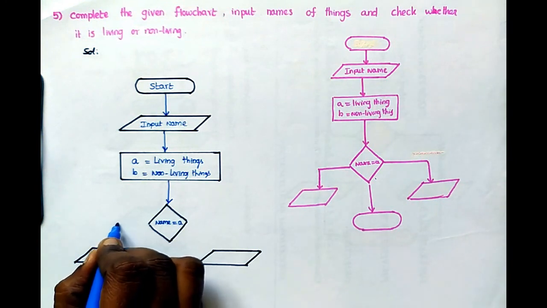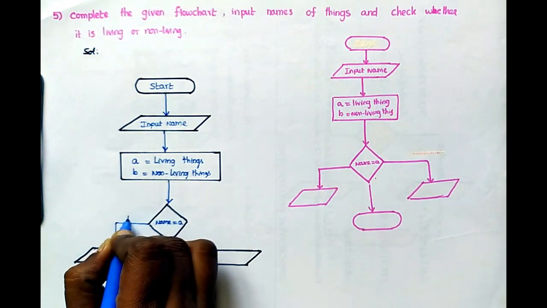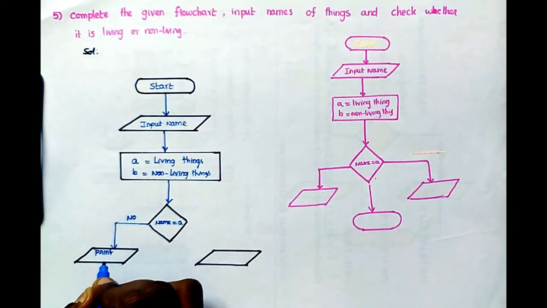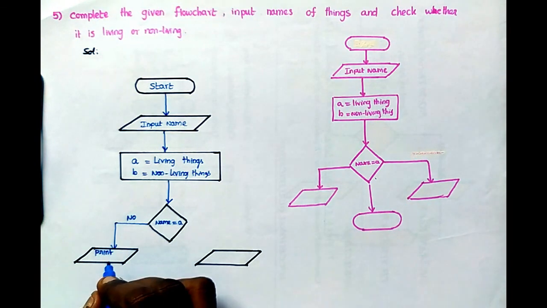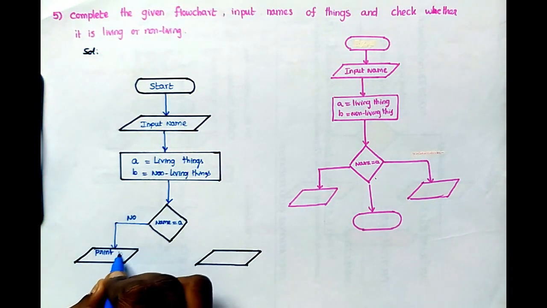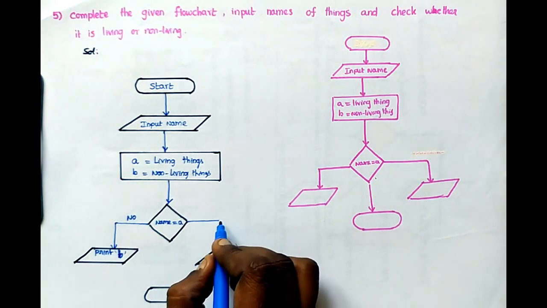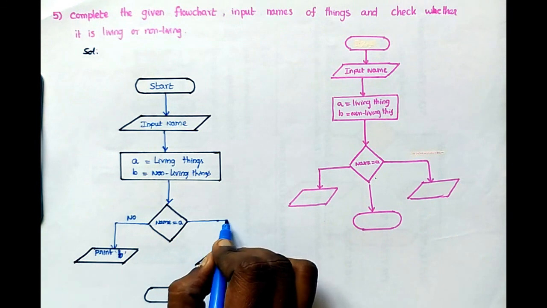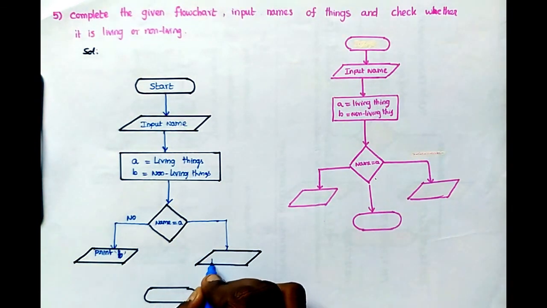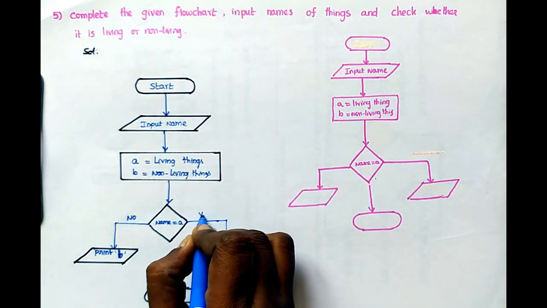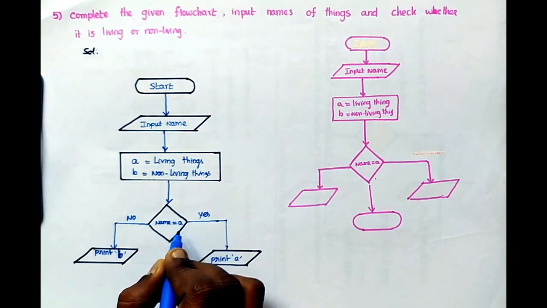A means no, for no, that is print B. B is no. And yes, yes is print A. Here name equal to A, that is yes.